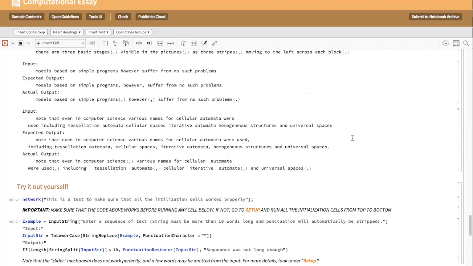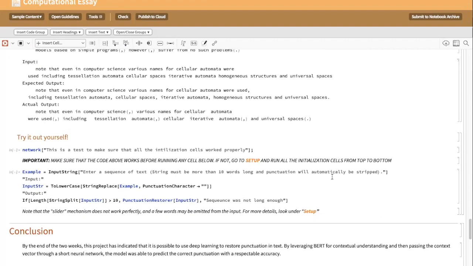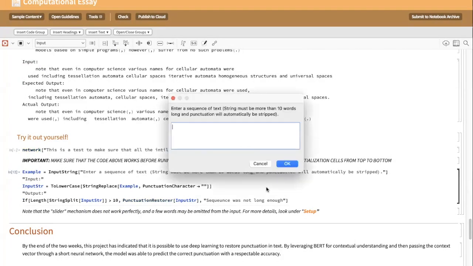In fact, we can actually try this out ourselves, taking this input string. So all the punctuation automatically gets deleted.